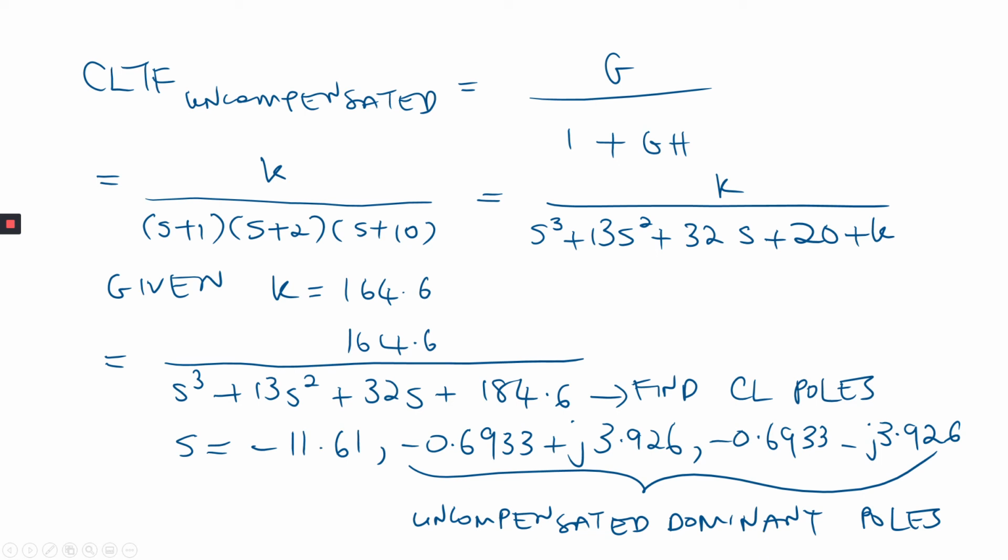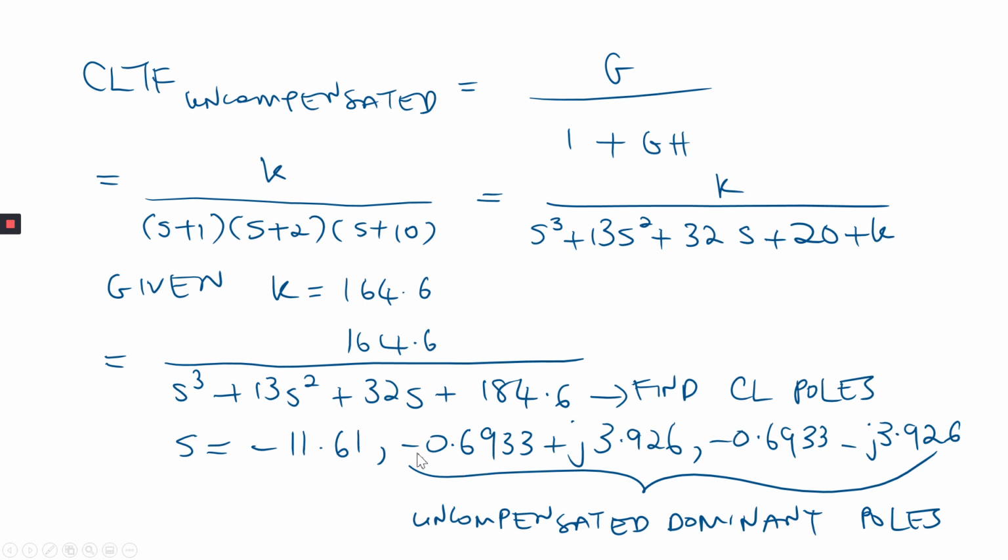We usually choose the positive imaginary coordinate as our dominant pole. Both are dominant poles, but for our analysis we focus on the positive imaginary root instead of the negative imaginary root.